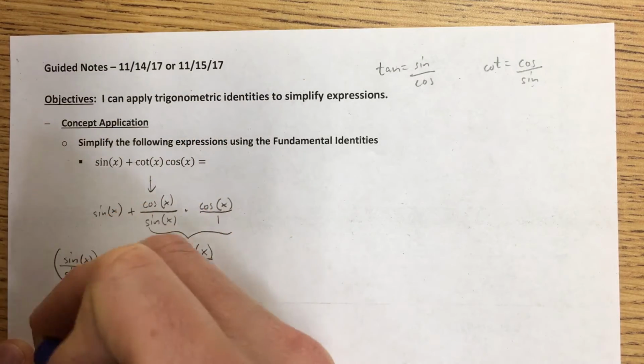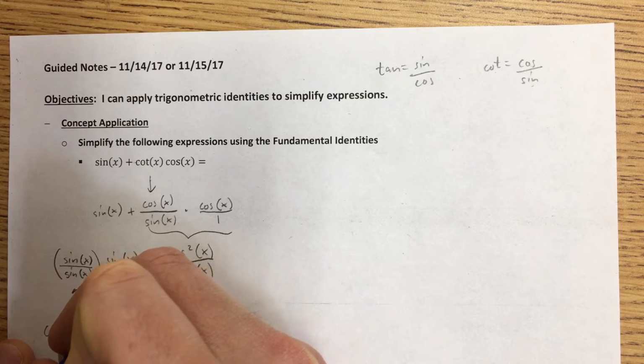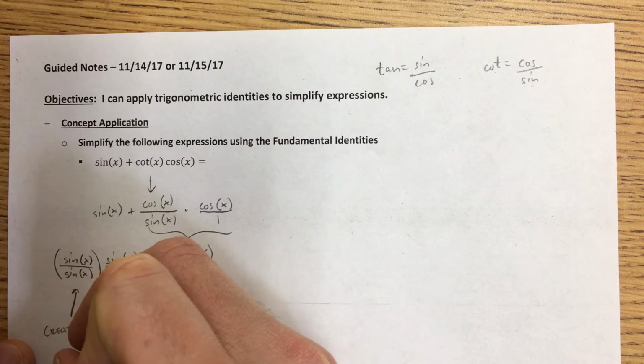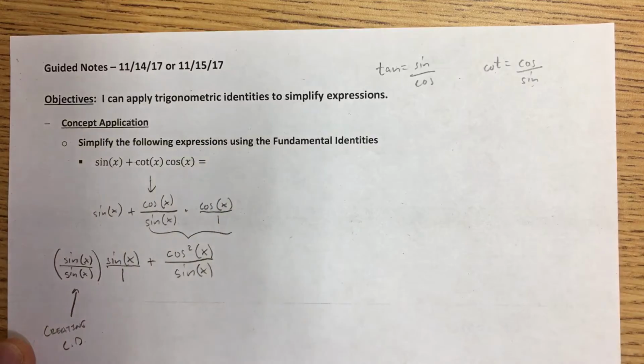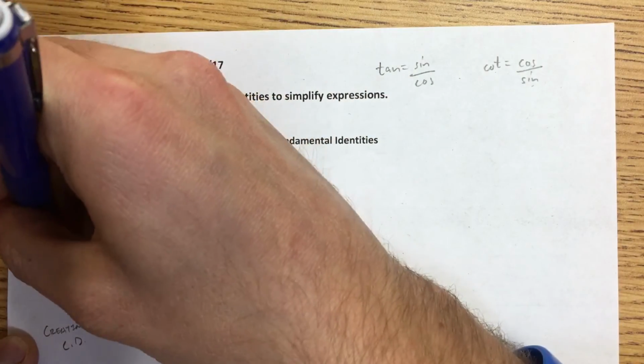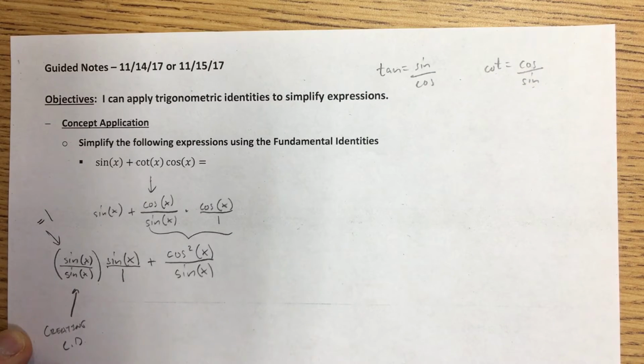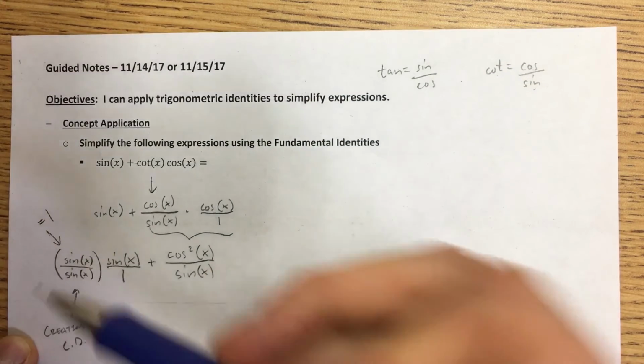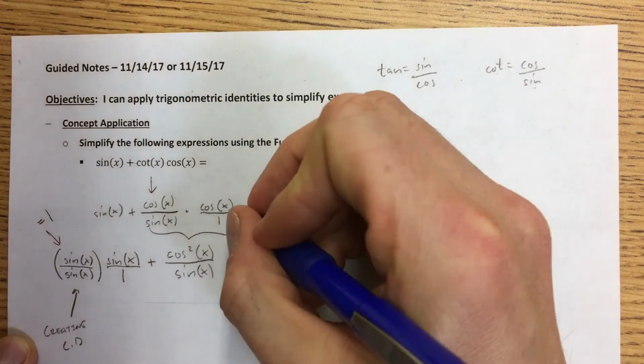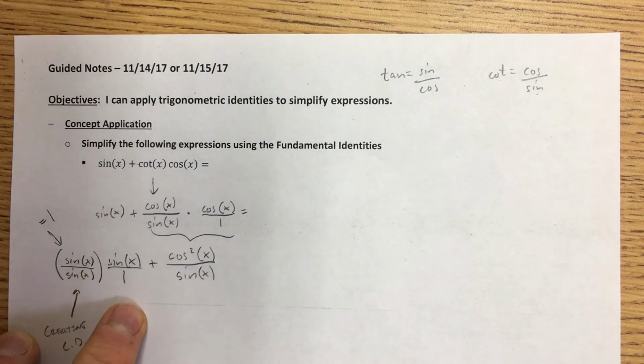So this is creating our common denominator. Also, the reason why it's sine over sine is because that equals 1. If we multiply anything by 1, that's itself. So we can multiply this and it doesn't change the value of the actual expression.